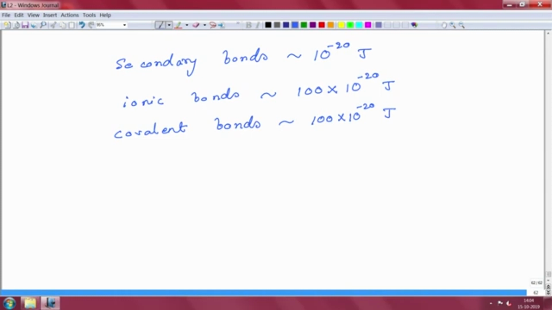Sometimes less, sometimes more, but it is of the order of. We are not worried about the exact value here. This symbol means approximately or of the order of. And the metallic bonds are more or less of the order of the covalent bonds itself. So, the atoms are going to be held together by some of these forces.